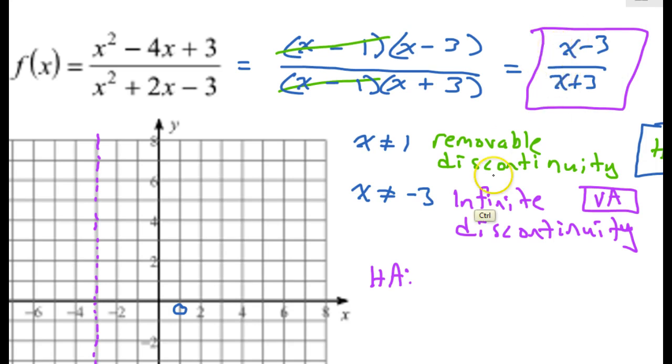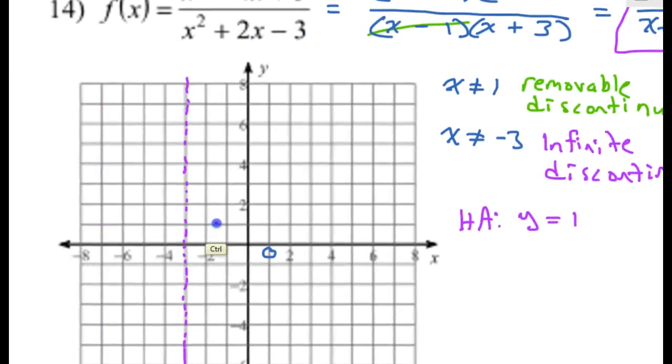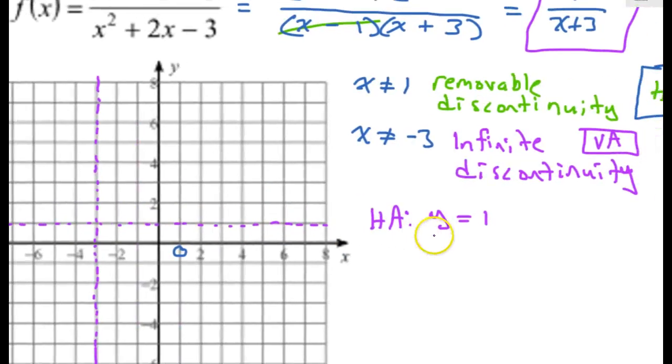Whenever that happens, the horizontal asymptote is going to be y equals, and then you wind up using the coefficients, which is 1 over 1. So y equals 1 is a horizontal asymptote. Okay, so I'm going to go ahead and put in the horizontal asymptote at y equals 1, like that.